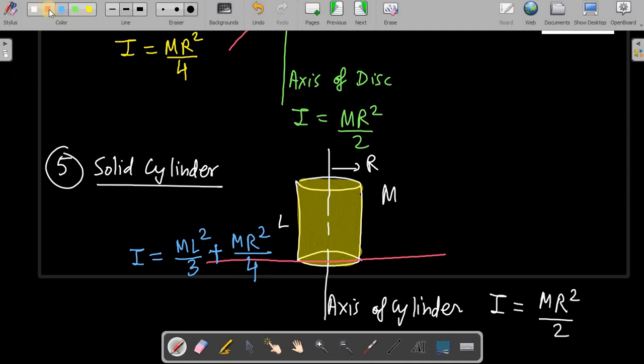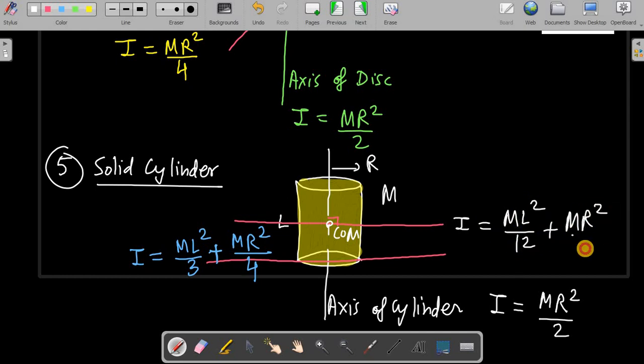Similarly, for the axis passing perpendicular to the rod through the midpoint, or center of mass, I will be m L square by 12 plus m r square by 4. So this way you can solve questions on the solid cylinder.